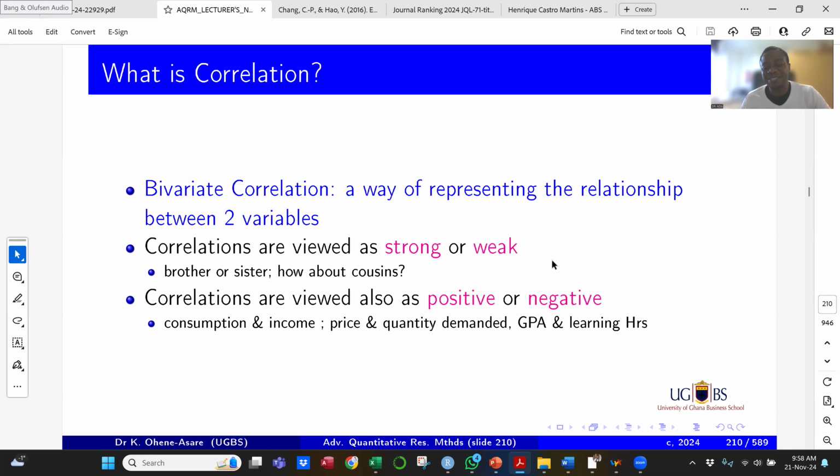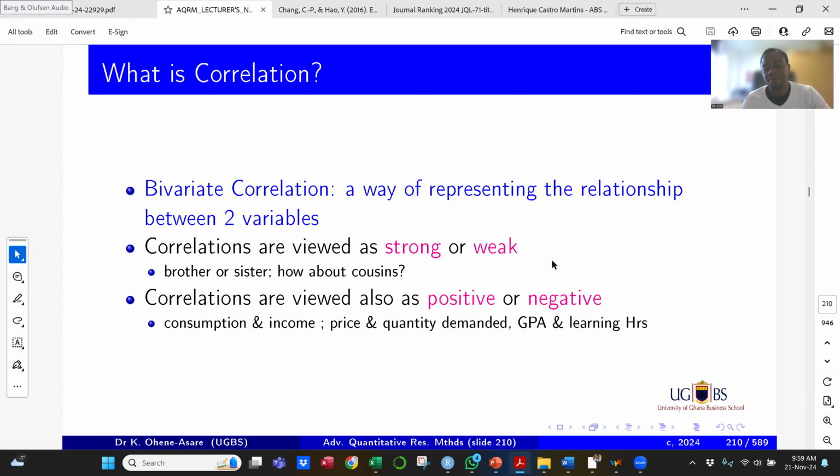The price and quantity demanded. What is the relationship between price and quantity demanded? Samuel Larry. Doc, it's positive.